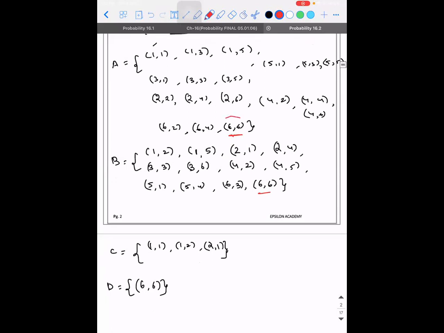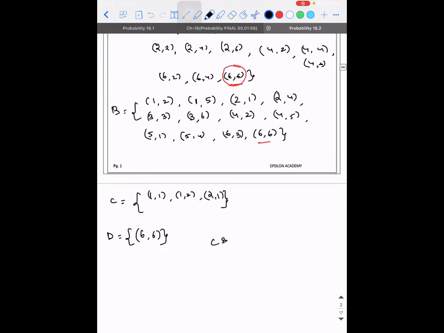A and D also is not possible, since in A I have 6,6. So it should only be C and D. C and D are mutually exclusive. Right? Does it make sense?